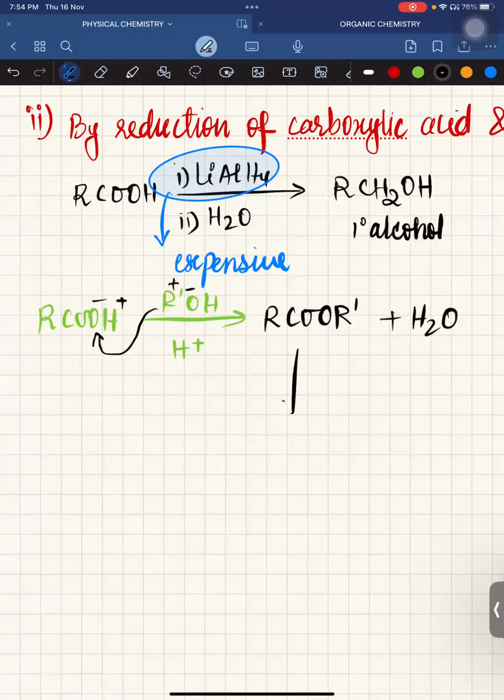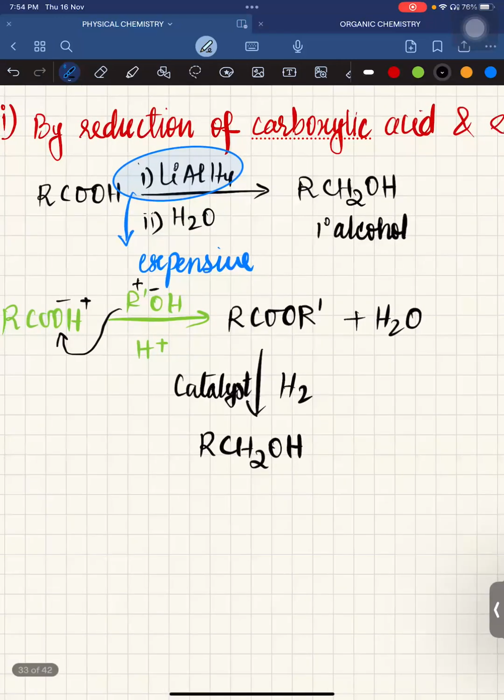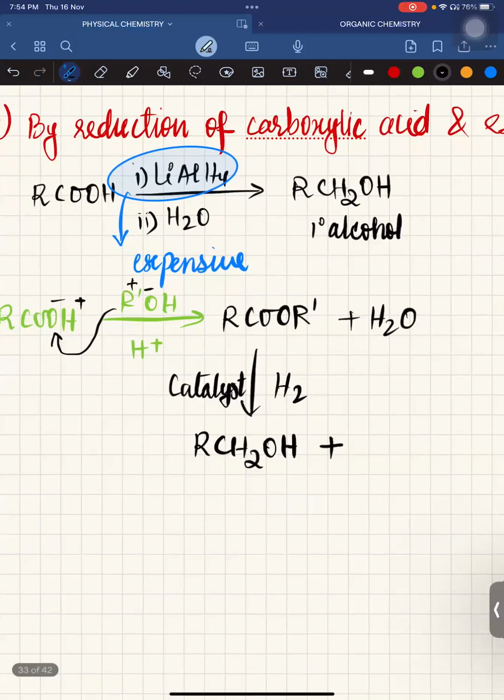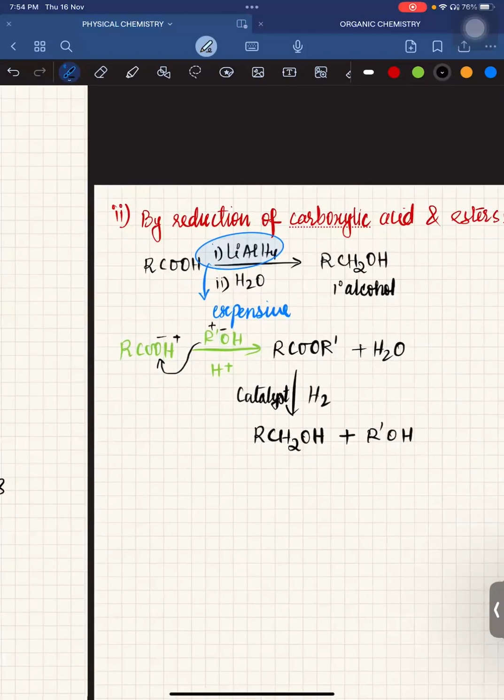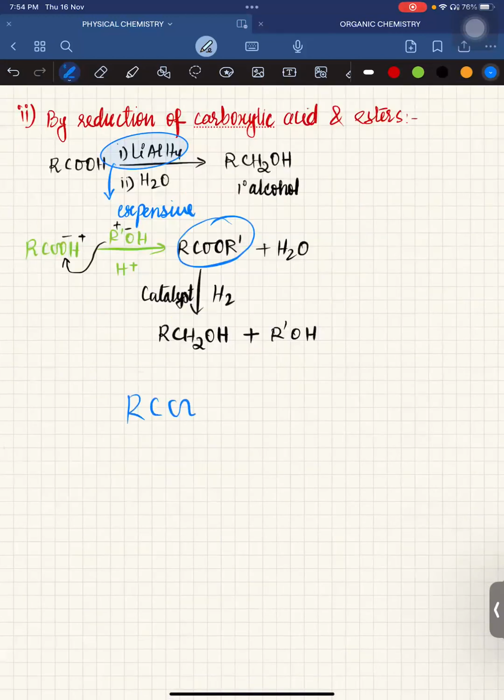After this, you are going to use H2 in the presence of catalyst, and it will be converted into RCH2OH. The alcohol that you used here will also be eliminated. The reaction here took place like this: RC=O, OR'. I'm going to expand this.